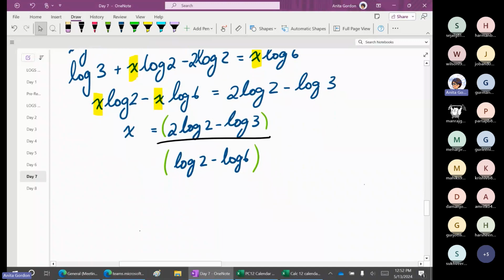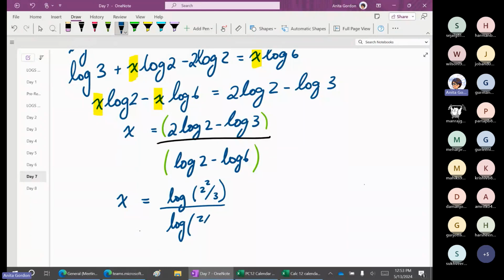If you want to do a little bit less typing, you could condense it a little bit more. This is log 2 squared over 3 over log 2 over 6. You could condense it if you wanted a little bit more, just to save yourself some typing on a calculator. You don't have to, though.